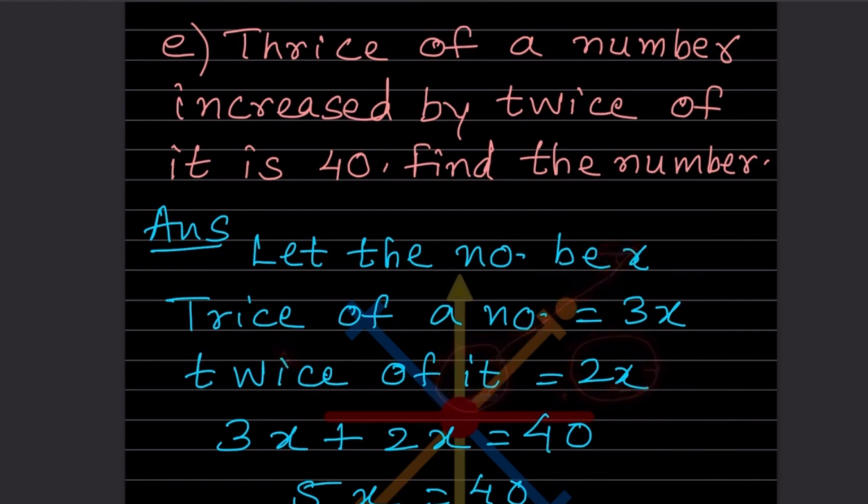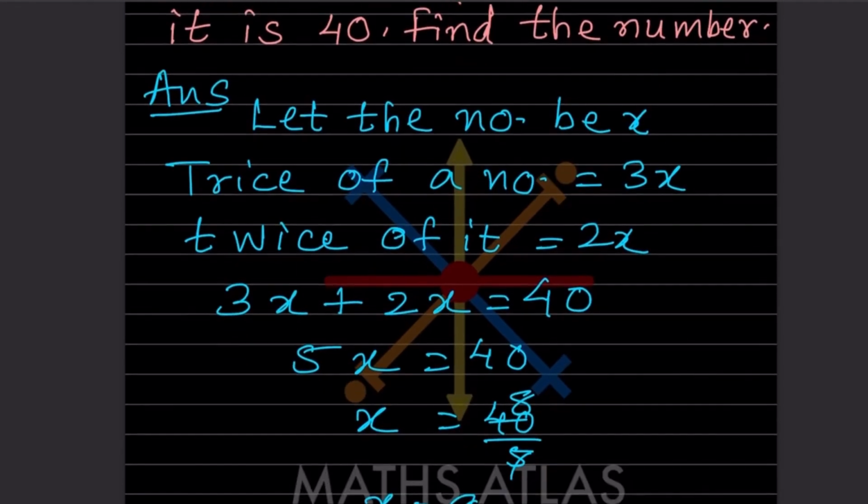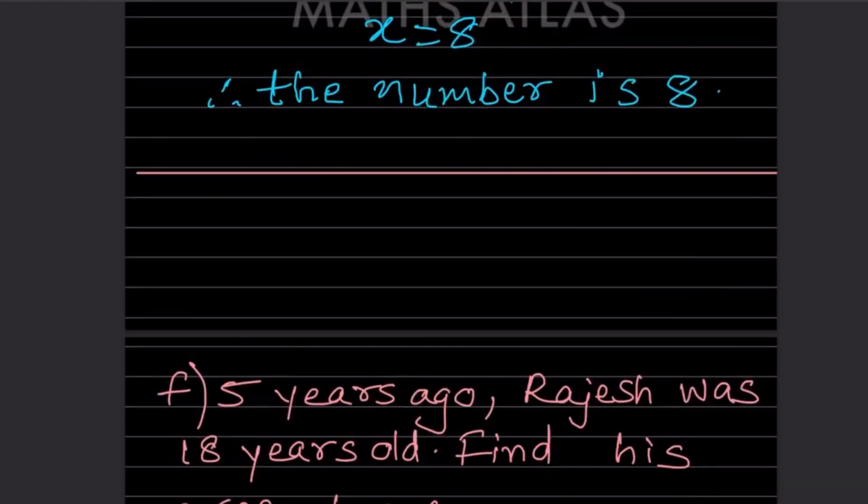So now what did they say? Thrice of a number increased by twice of it is 40. So 3x plus 2x is 40. So 5x is 40. So x is going to be 40 divided by 5, which is 8. So therefore the number is 8.